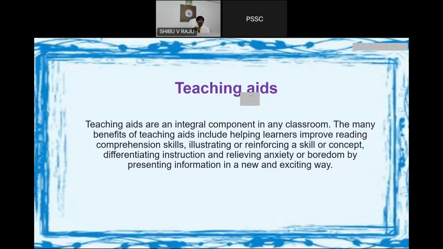It is not that we open the textbook and read in the class or just explain it. Even when we explain, suppose we explain in a dramatic way, obviously students will listen to us, surely. Now this excitement can be created through teaching aids.